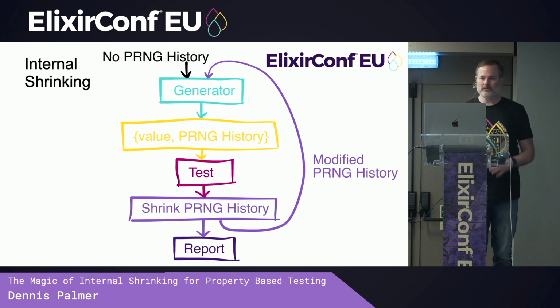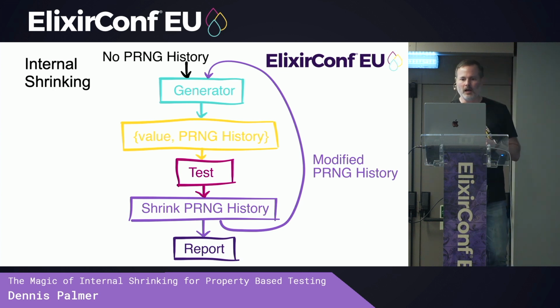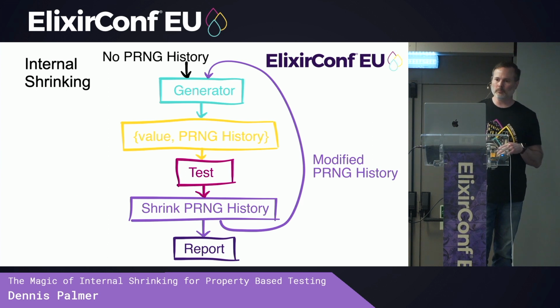And then, instead of shrinking the value, we shrink the random numbers. And we do that in a uniform way so that any generator that is built on top of our random number history model will produce smaller values with smaller random number history.